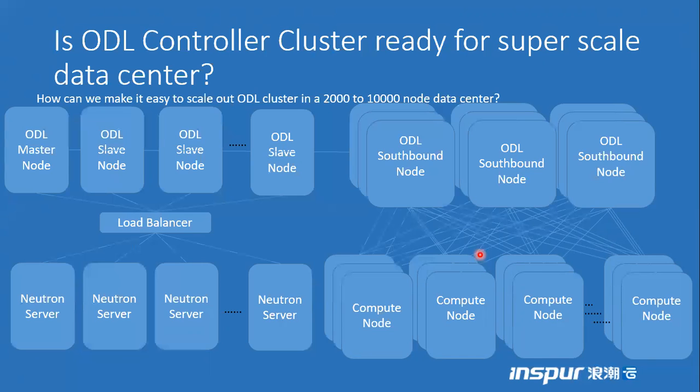Even in a super scale data center, neutron servers are not so many, maybe about 10 or 50. So the neutron server just calls the northbound API from the ODL node. I think we can run northbound and southbound in these ODL nodes. It's not so many.